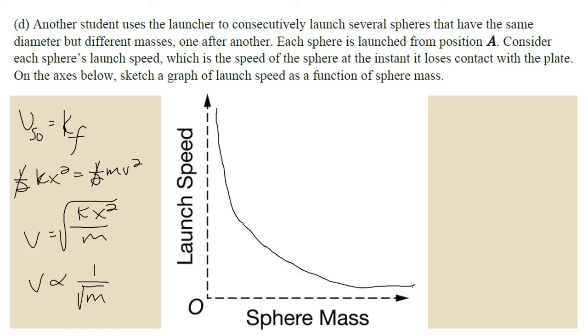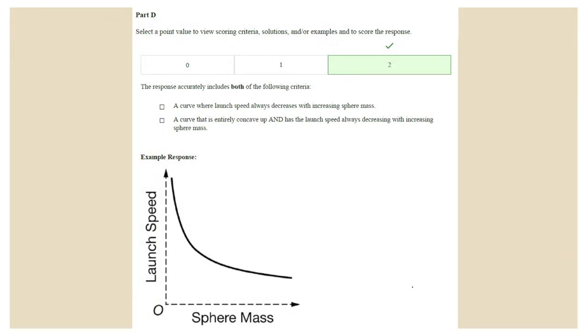And so notice the scoring guide here gives you 1 point for a curve where the launch speed always decreases with increasing sphere mass, and a second point for a curve that is entirely concave up and has a launch speed always decreasing with increasing sphere mass. So if you show a graph that looks like this, where the launch speed always decreases with increasing sphere mass, they might give you that point.